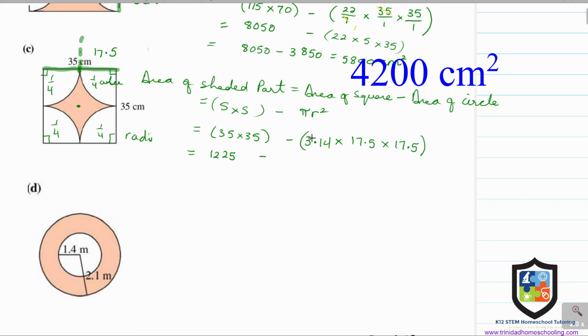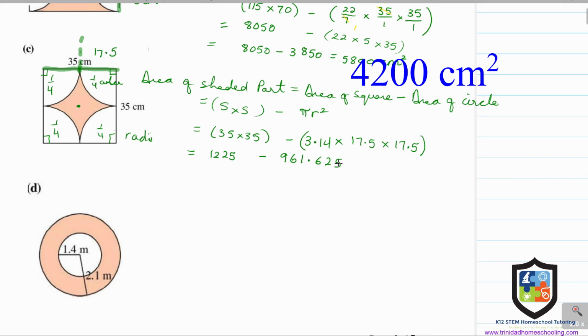You start using calculators in Form 3. So work these out manually and don't use a calculator. So 3.14 by 17.5 by 17.5 is going to give me 961.625.